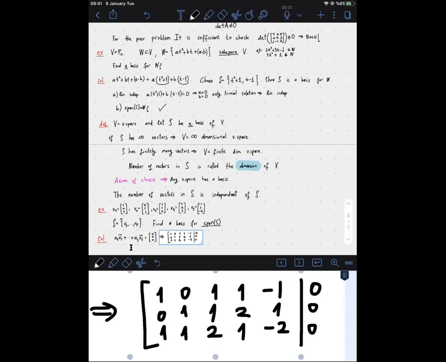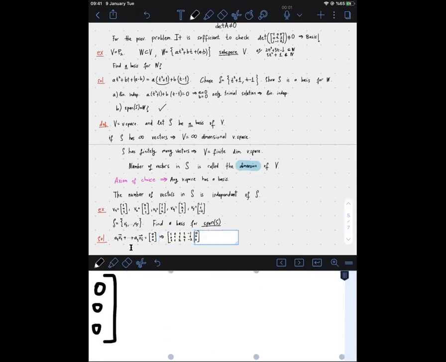So I'm really solving this augmented equation. Then what I do is try to bring this into row echelon form or reduced row echelon form. Now I won't do this; we have studied this before. Let's just write the final answer. Then what do we get?